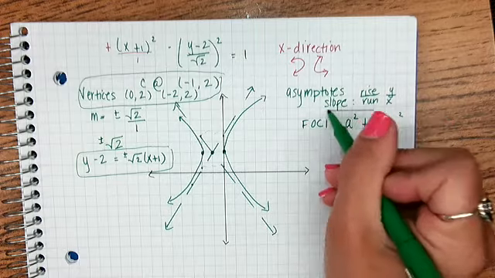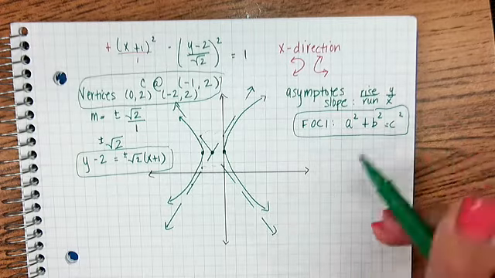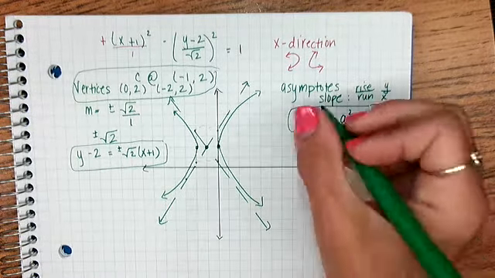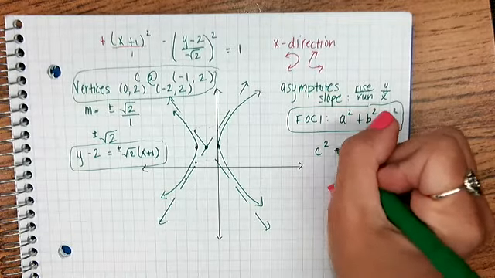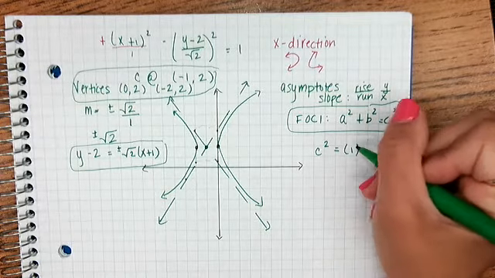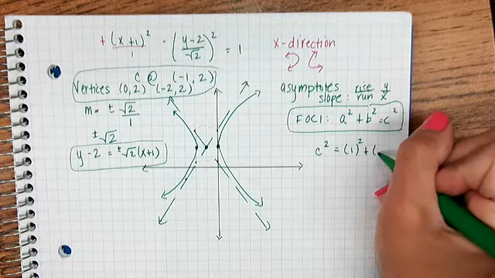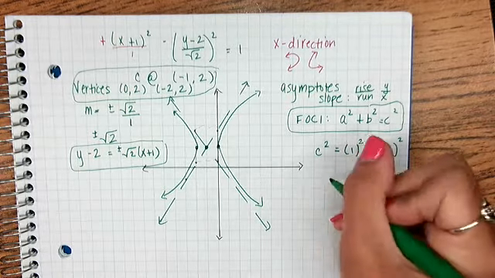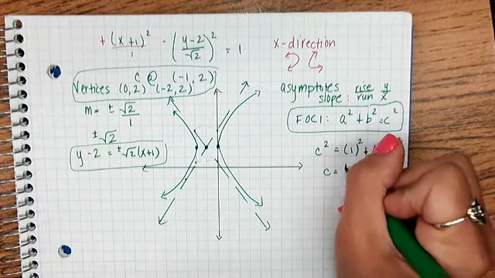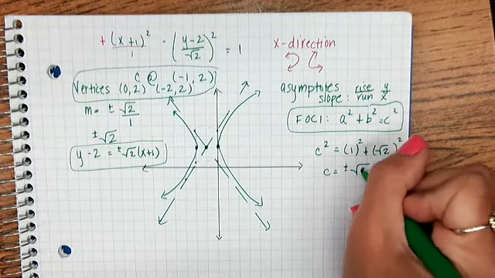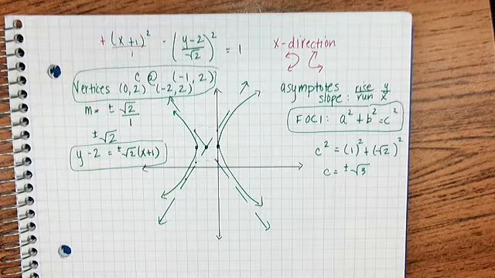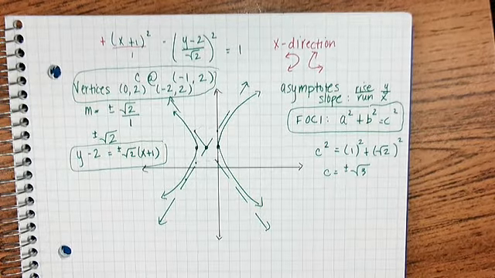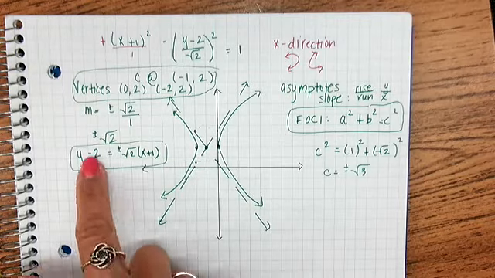So this is foci. For this particular problem, c squared equals 1 squared plus root 2 squared. That's 3. So c is plus or minus the square root of 3, from the center and in the x direction.